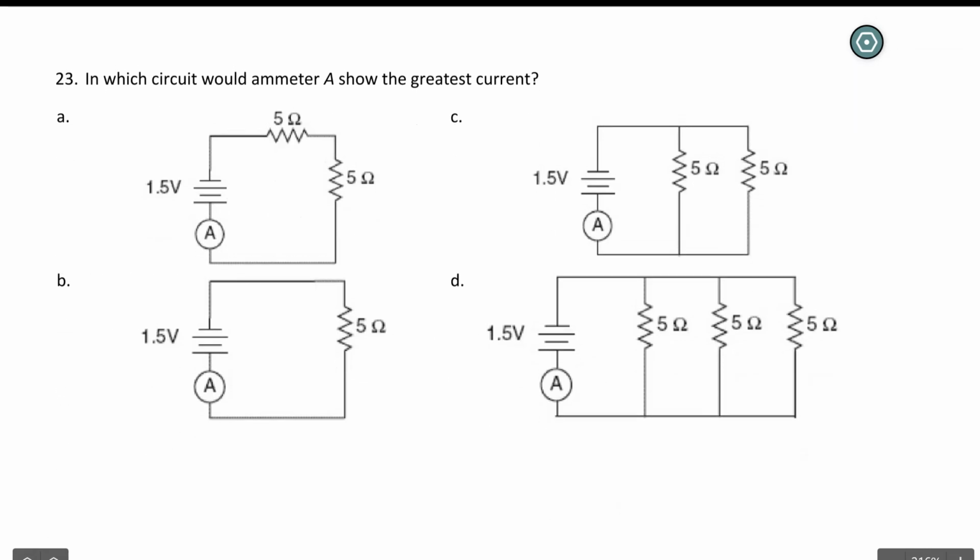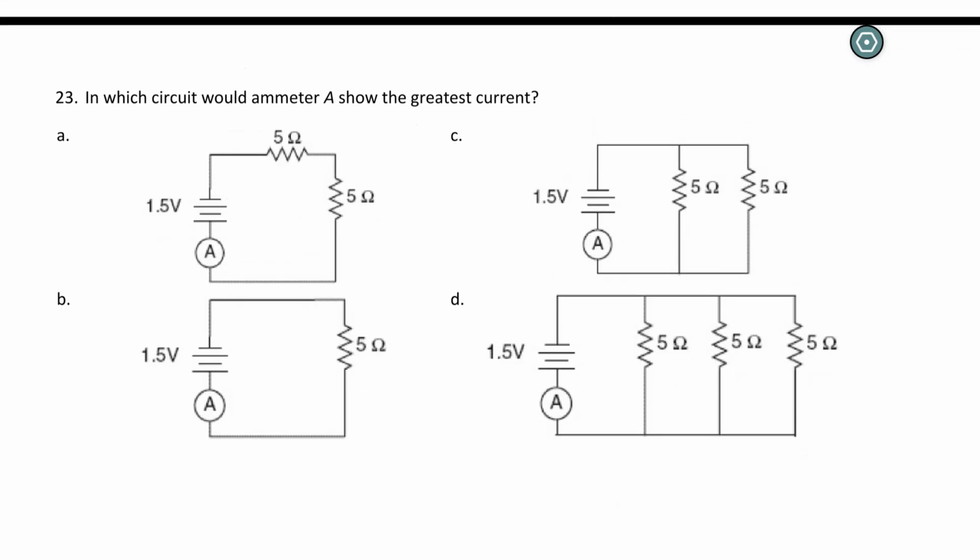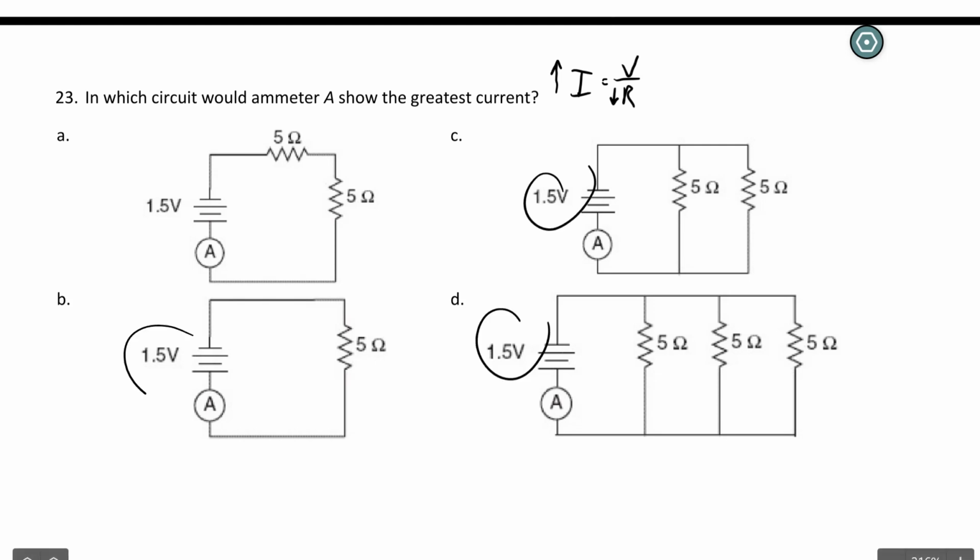23. In which circuit would ammeter A show the greatest current? So if we're looking for the greatest current, I is equal to V over R. I'm thinking that since we're talking about equivalent resistance, we're going to want a small resistance. Because the voltage is the same everywhere, they're just changing the resistance.